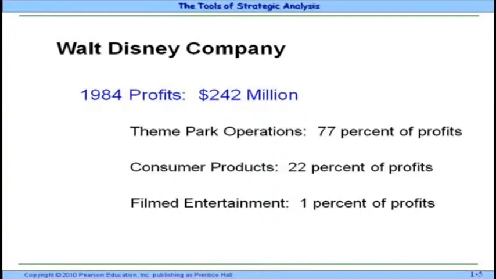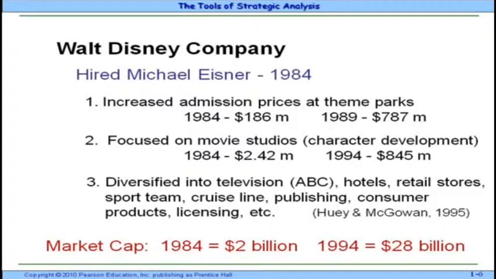So as a result, if your prices are not moving and your shareholders are not getting a good return, you would expect them to be dissatisfied. In 1971, when Roy Disney, the brother of Walt, died, the board decided that they had to do something.